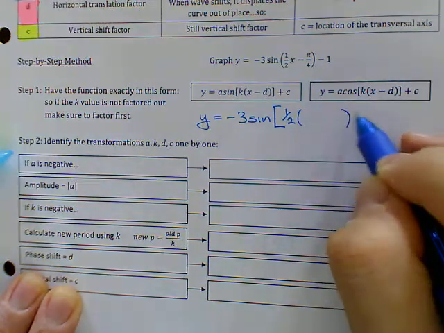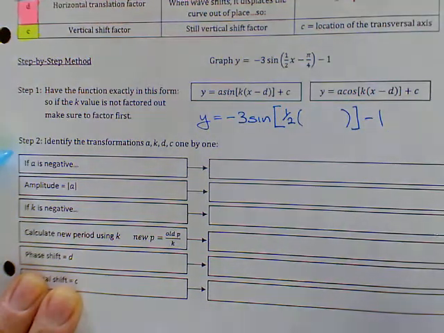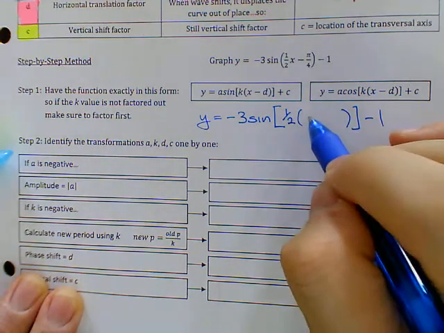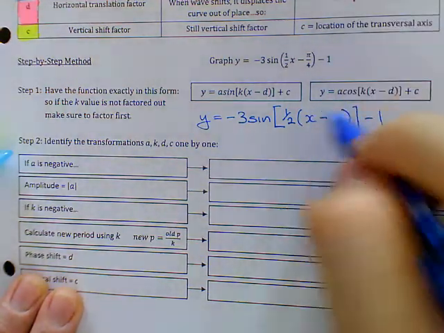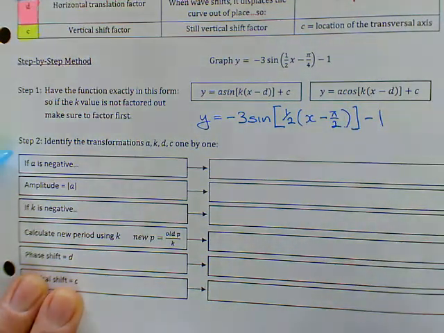What's left inside? Well, half divided by half would be just 1, but what about that other number? Zach? Close. The other way. Yeah, you're dividing by a half. It's like you're multiplying by a 2. It's pi over 2. Alright.